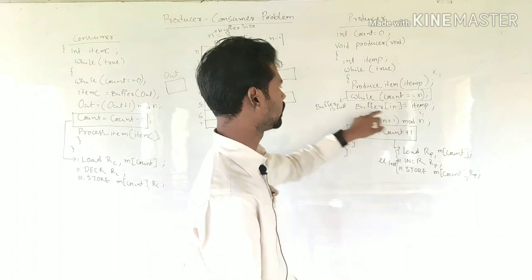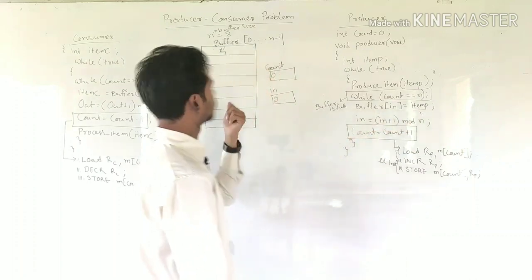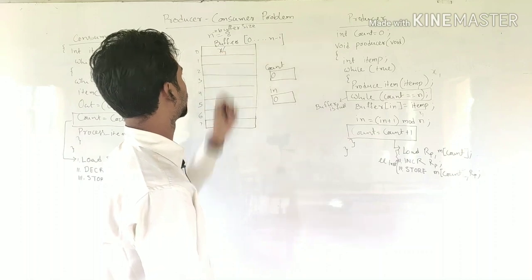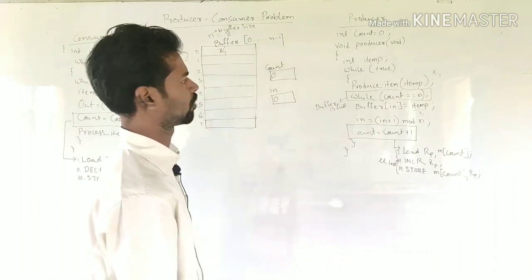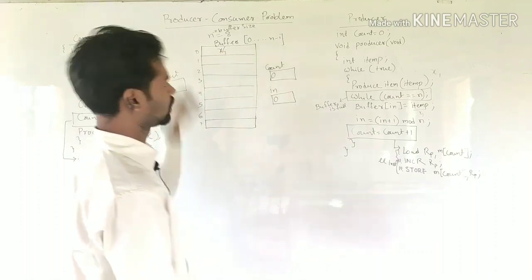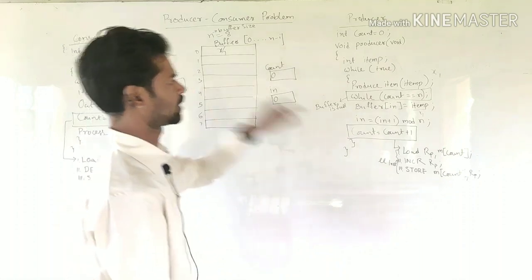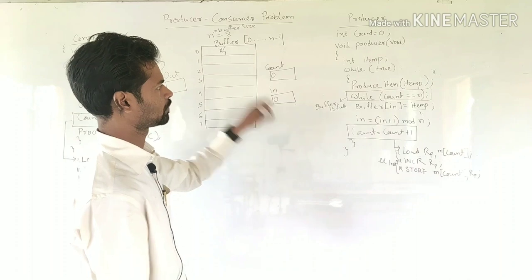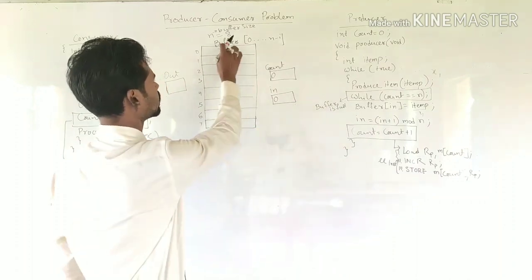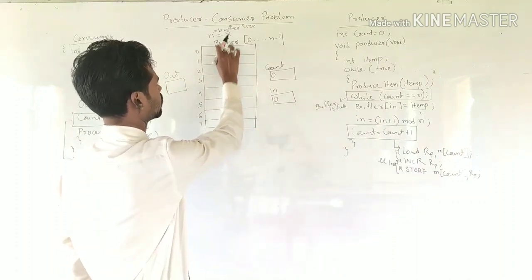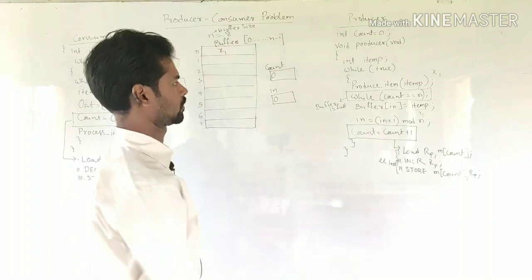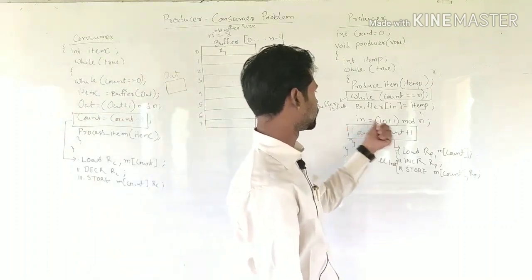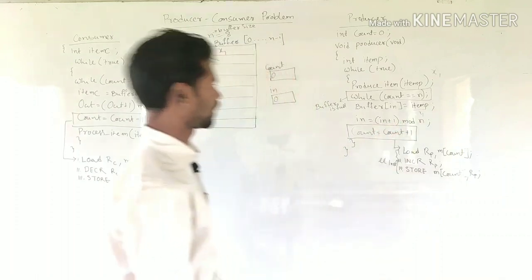Now x1 will be produced and it will be inserted into buffer slot 0, that is the in variable. In is 0, so x1 will be inserted here. Now in is equal to in plus 1 mod n.